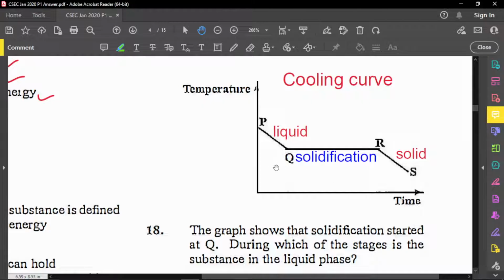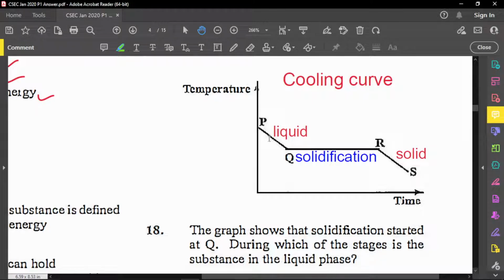The graph shows that solidification started at Q. So we make a notation right here that solidification started at Q. It asks: during which stage is the substance in a liquid phase? This is a giveaway, because if Q is solid, then above it must be a liquid.